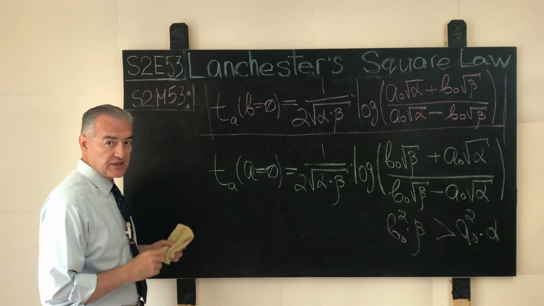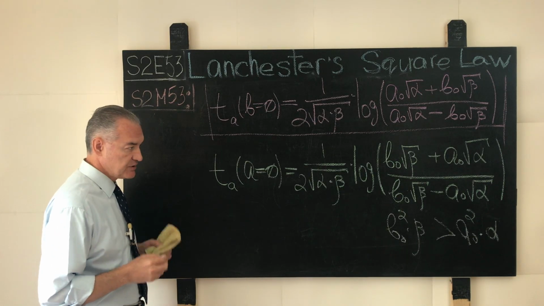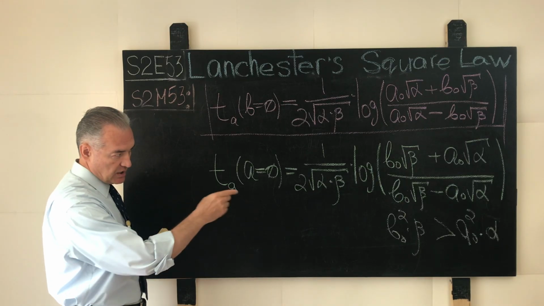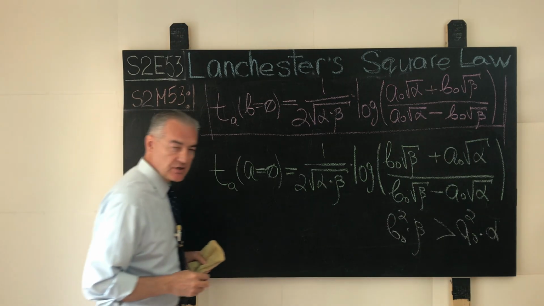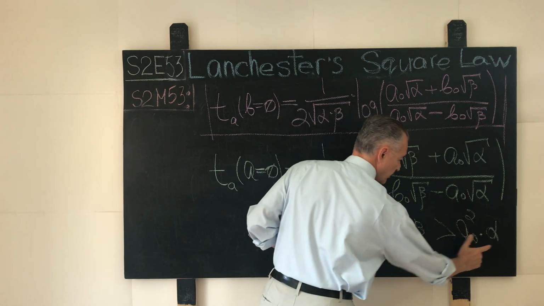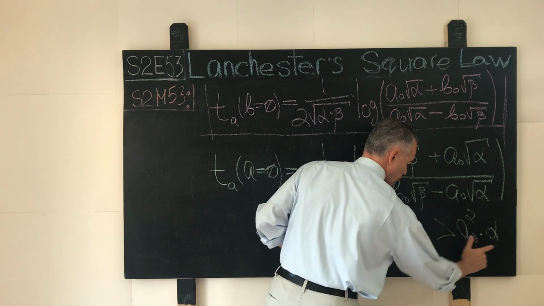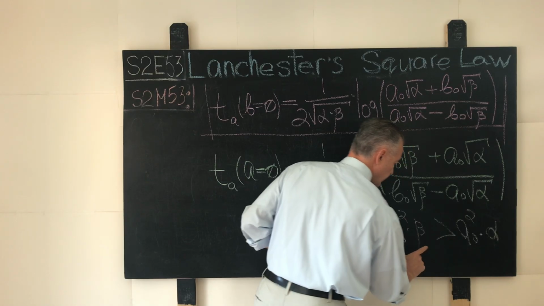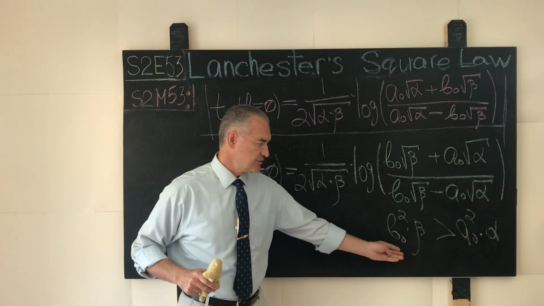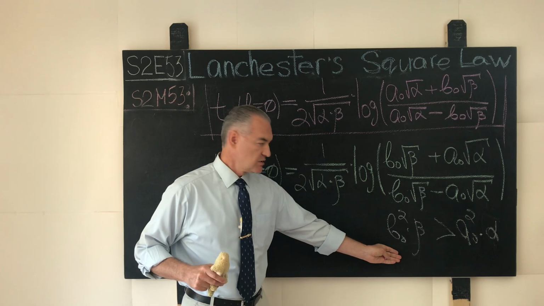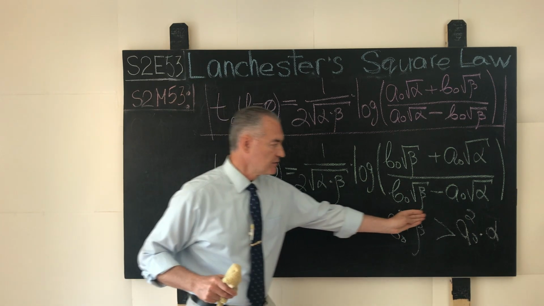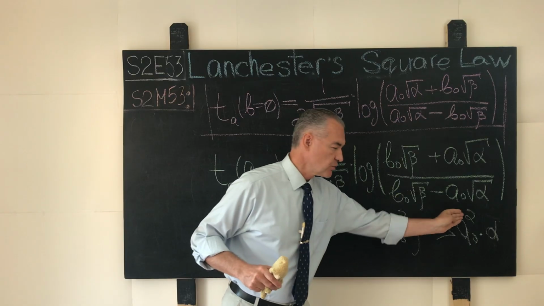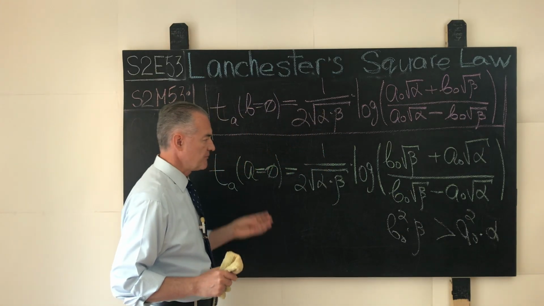Look at this. In the case of complete victory in the fully escalated mode, the lethal skills figure into the condition in the first powers. So this is the linear dependency, so to speak. But the number of fighting units figures into this condition as the squares, b0 squared and a0 squared.